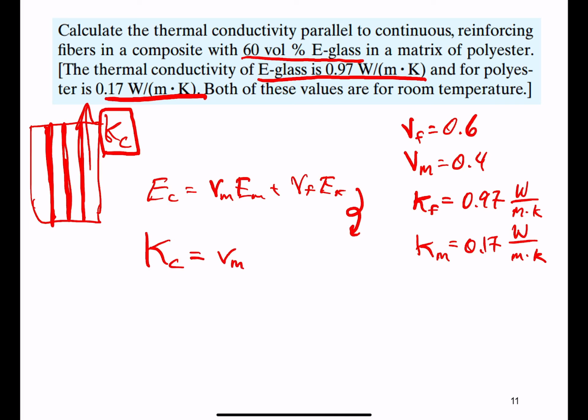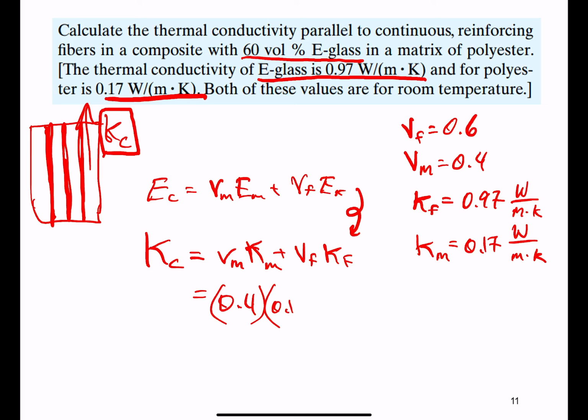So we're going to keep our VM values and VF values, those are the volume fractions, but we'll instead now list the thermal conductivity value. So KM and KF.